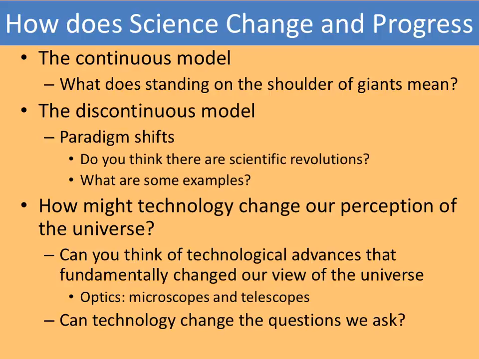Okay? Now, there's other models where it's discontinuous. People for a long time think reality is a certain way, and then suddenly it completely changes. Gravity was a perfect example.